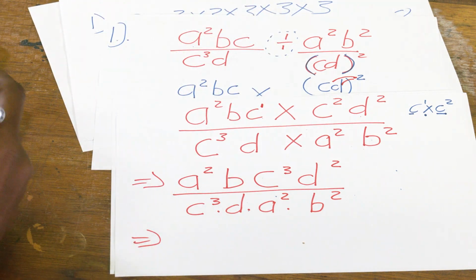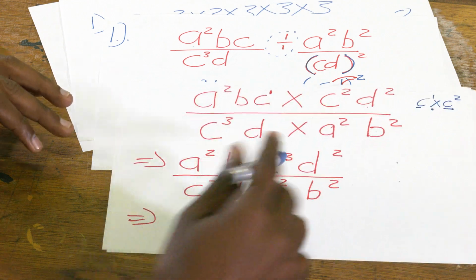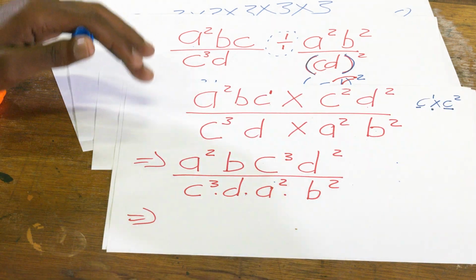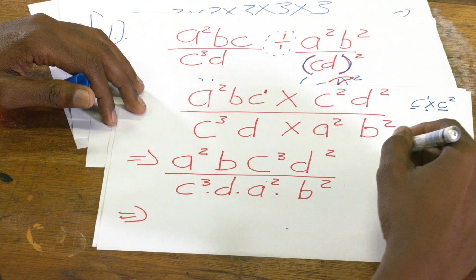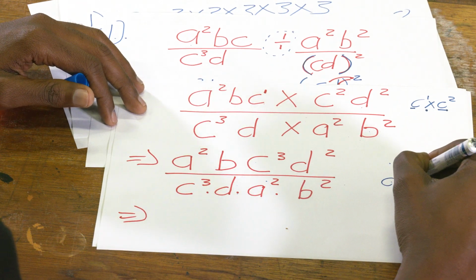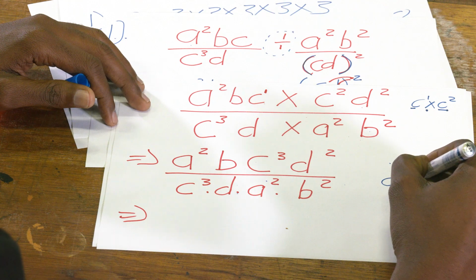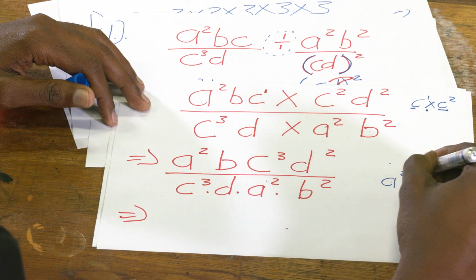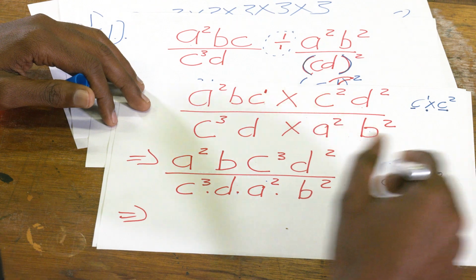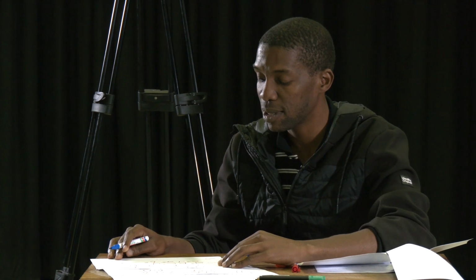So the first one is a. So we have a squared and a squared at the bottom. If you take a squared and subtract a squared, it would be a to the 2 minus 2, which means it's 0. So a squared and a squared cancel each other out.